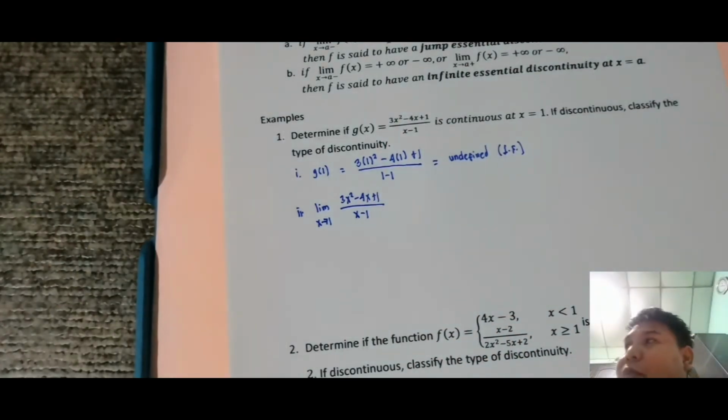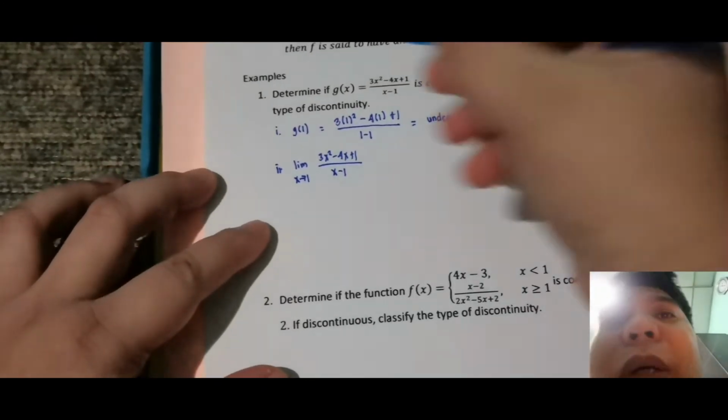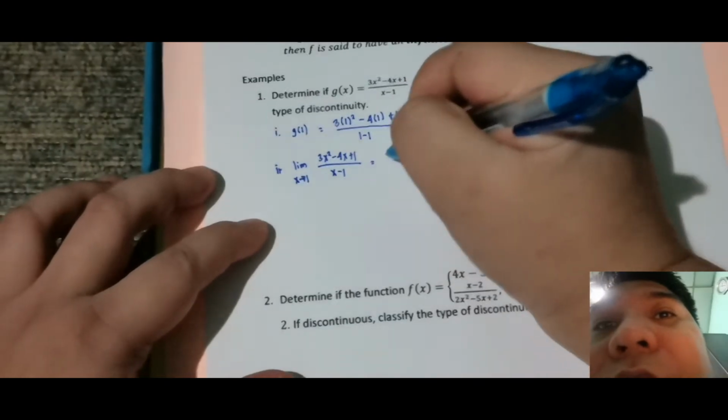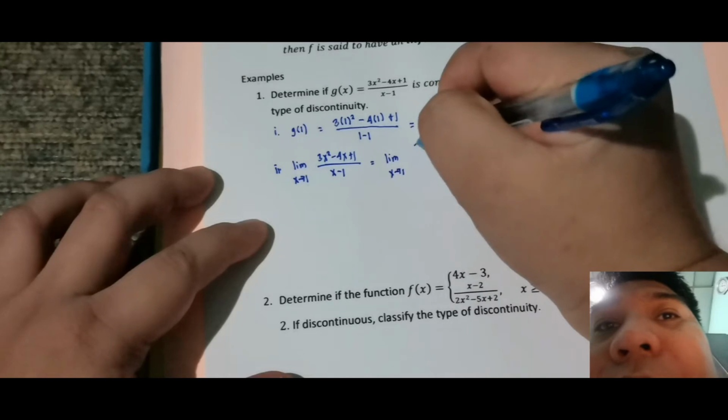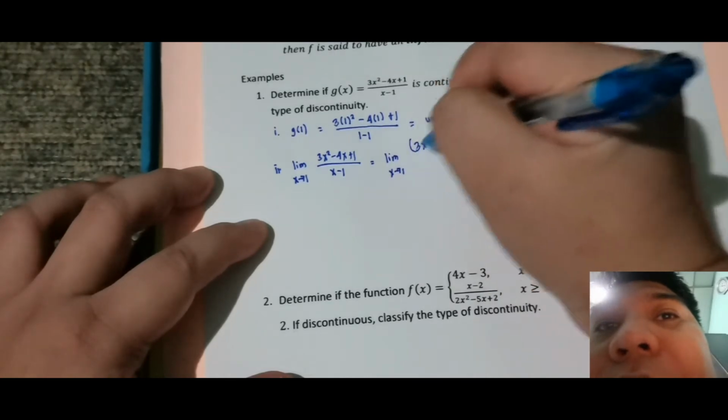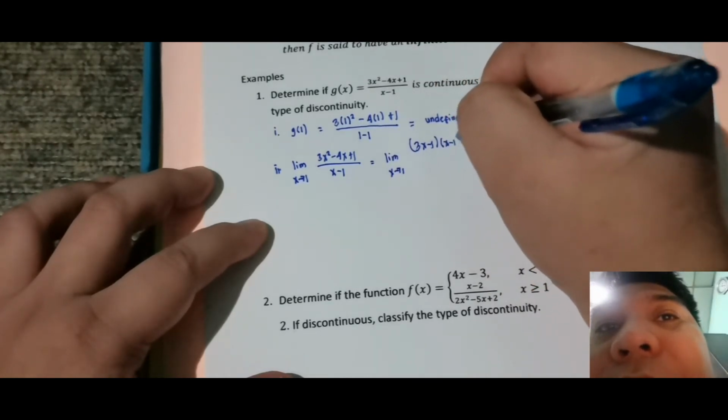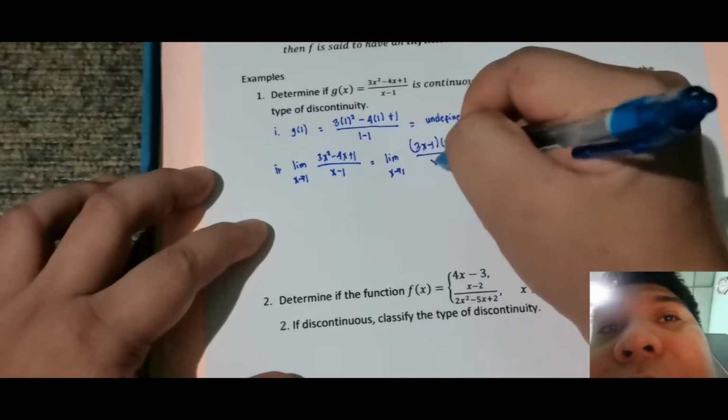Check natin, baka may factor yung part na yan. Okay, yung factor niya is ganito. This is equal sa limit as x approaches 1 ng 3x minus 1 times x minus 1 over x minus 1.